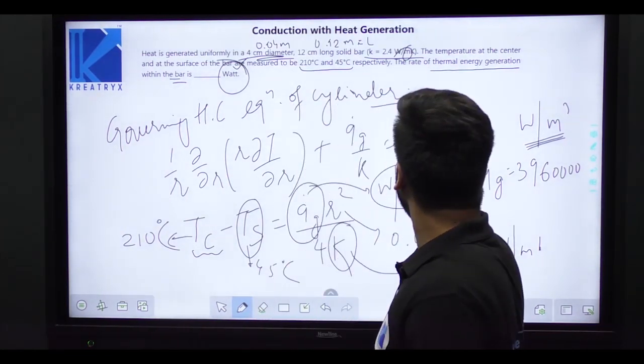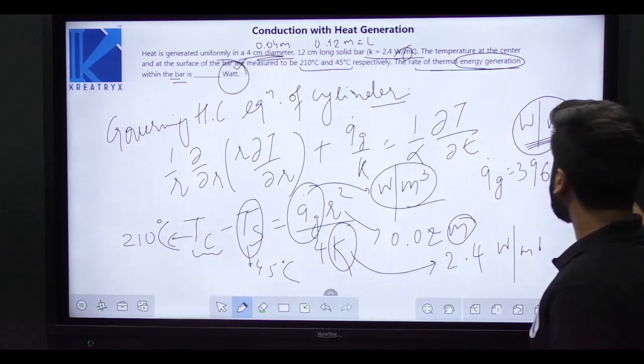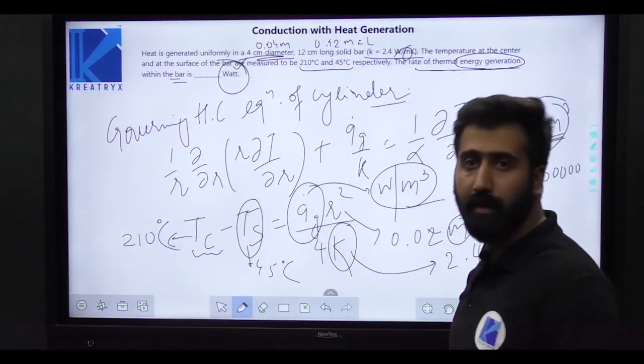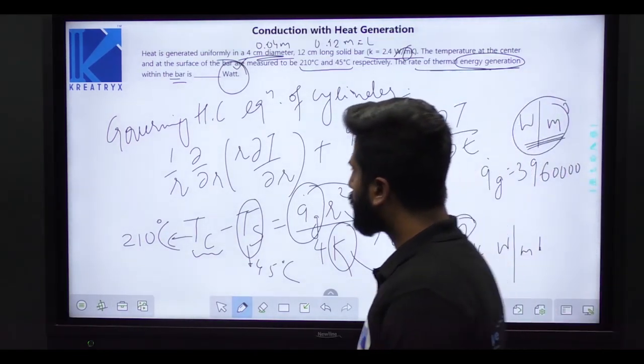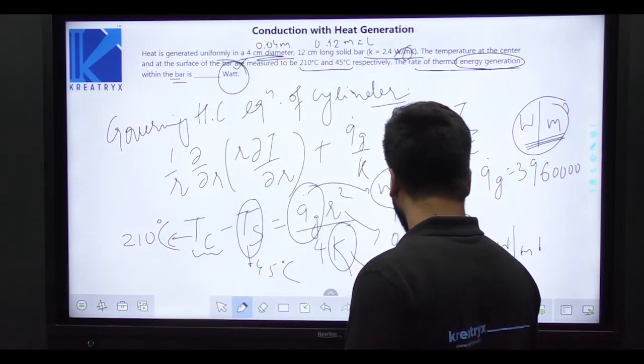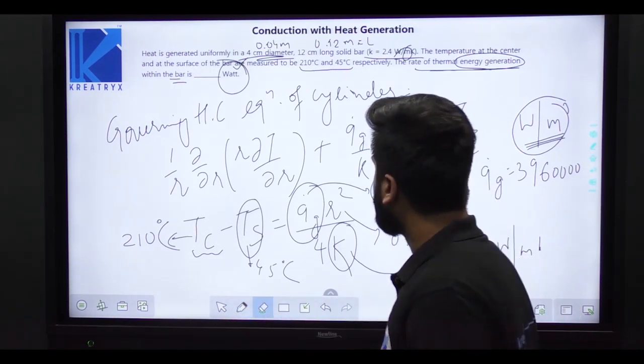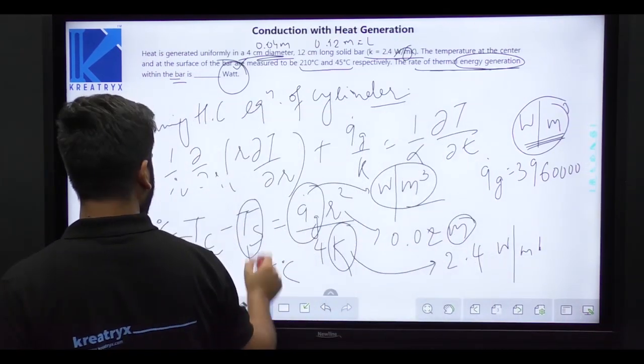To find the rate of thermal energy generation in watt, multiply this by the volume of the cylinder, and you will get Q in watt. Let's do it. I'll have to rub this portion.